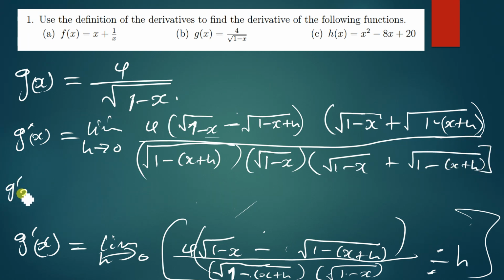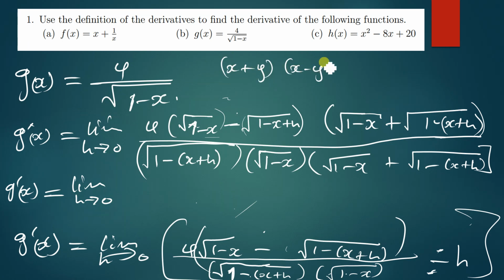Okay, so g prime of x will therefore be simplified as, so on top there, if we multiply this and that, this is just the difference of 2 squares. It's just the same as squaring the first part and the second part. So this is just the same as writing 4 times the limit as h approaches 0 of, when we have x plus y times x minus y, this is just the same as x squared minus y squared.